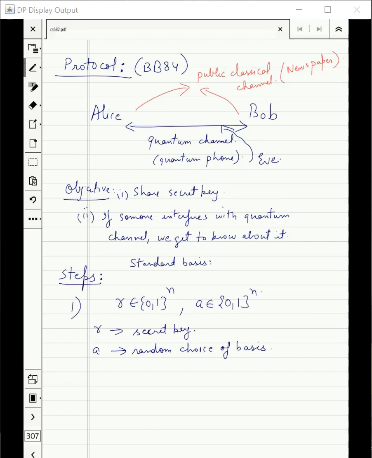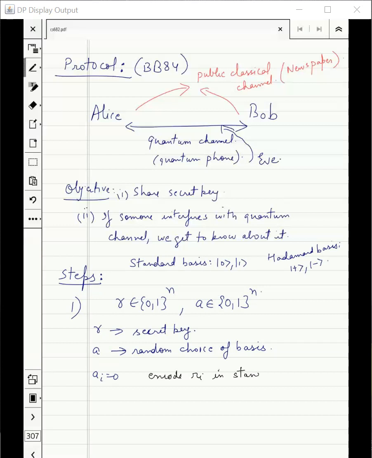Come on, that's |0⟩, |1⟩. What is the Hadamard basis? Plus, minus. Correct. This you remember, right? Now, if Ai is 0, then encode Ri in the standard basis.